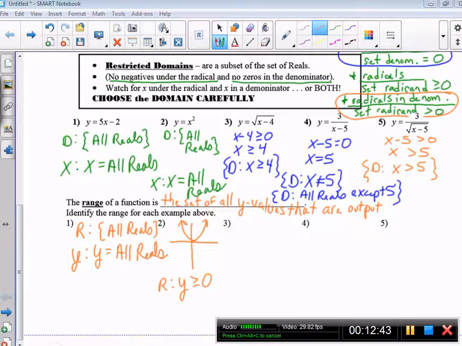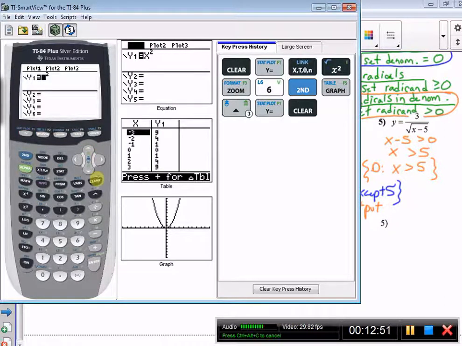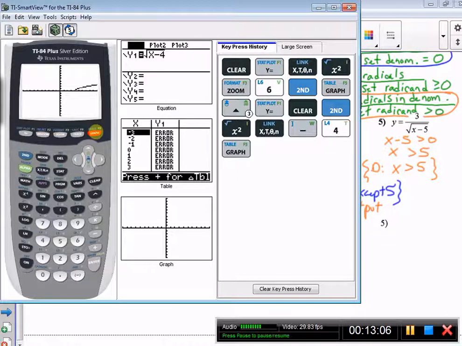So again, I'm going to go back to y equals, get a little sketch. So that's second square root of x minus 4. So x minus 4. And I'm just going to hit graph this time because I already hit zoom 6.